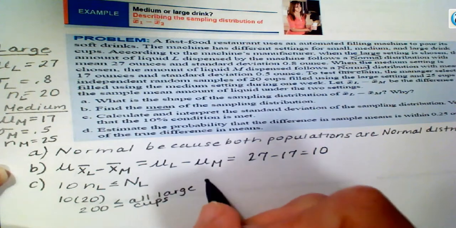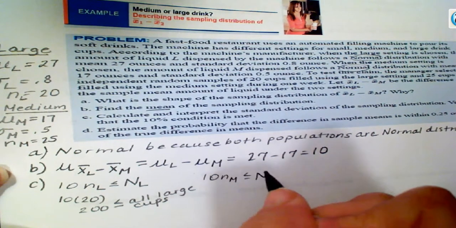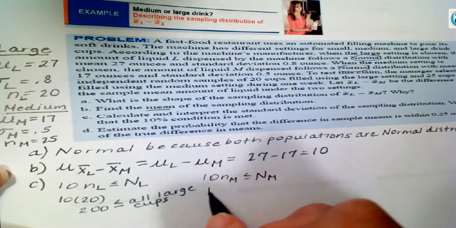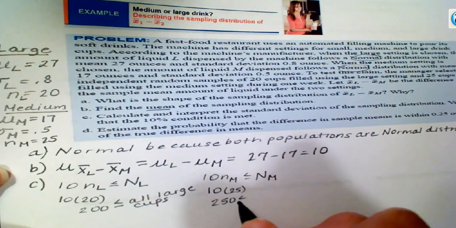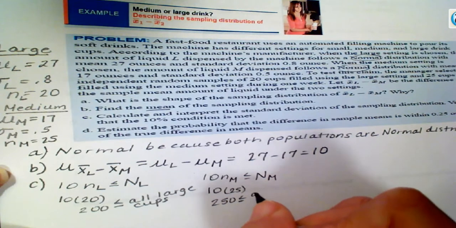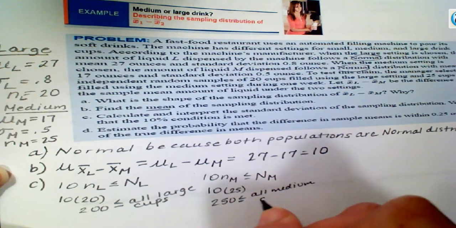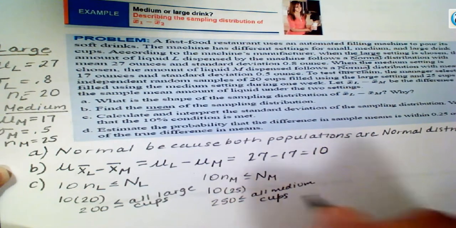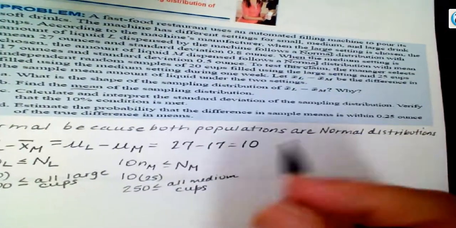Then we also need to meet that condition for the medium. So 10 times 25, which is 250, is less than or equal to all medium cups.